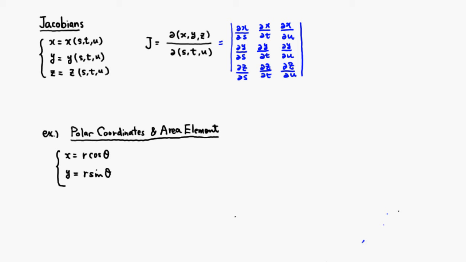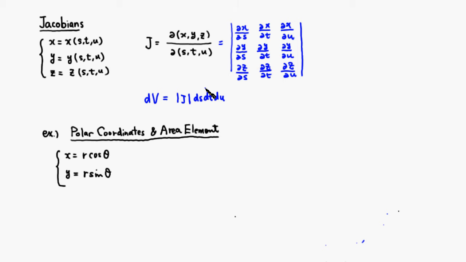So if you are, for example, looking for the volume element in terms of the new variables s, t, and u, originally it's dx dy dz, but dV in terms of s, t, and u would be the absolute value of the Jacobian, because the Jacobian turned out to be negative so we make sure it's positive, times the new variables ds dt du. This will give us the new volume element.